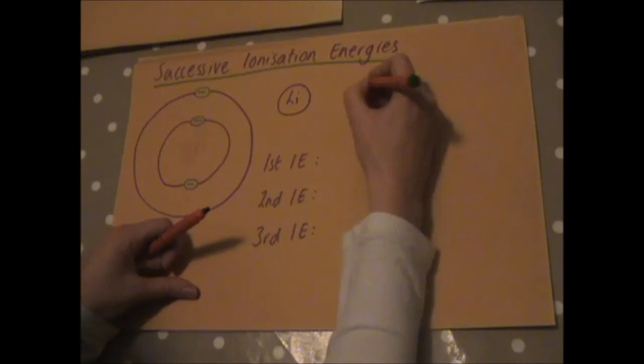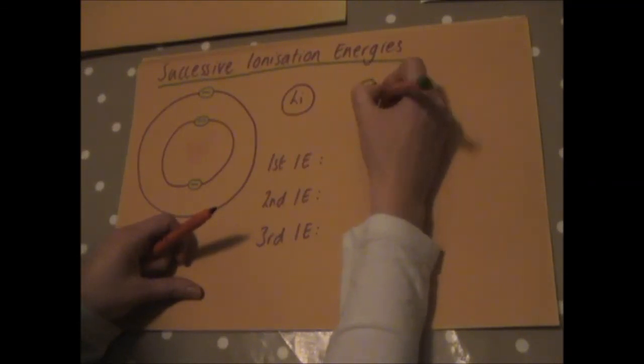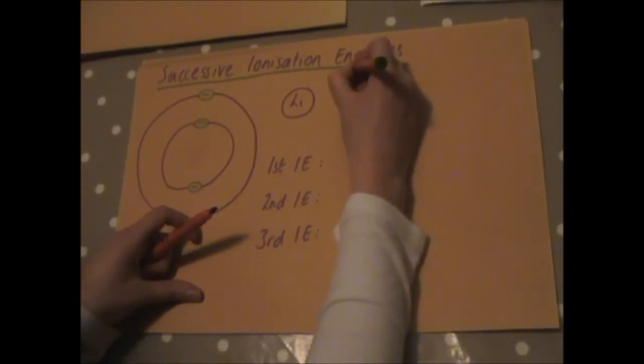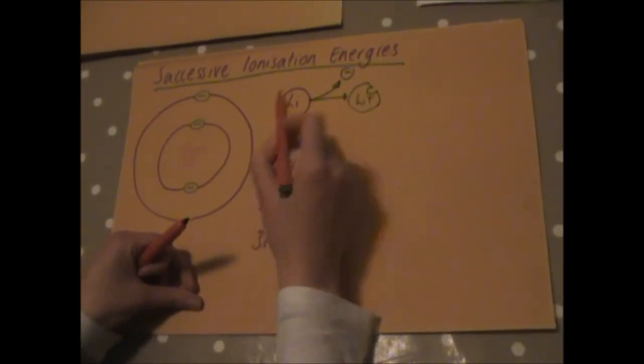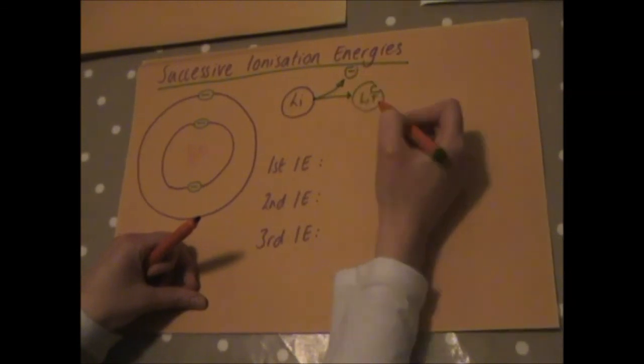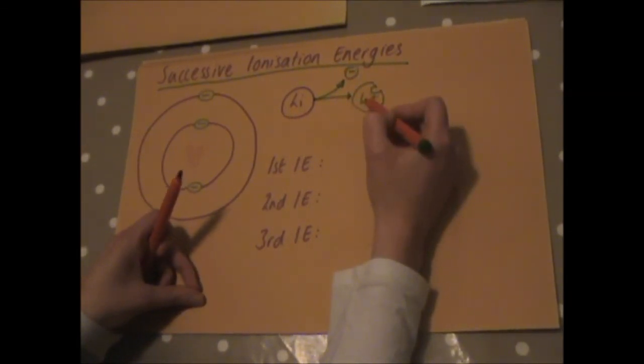So we can take lithium, a mole of lithium atoms, remove an electron from each one to make lithium plus.